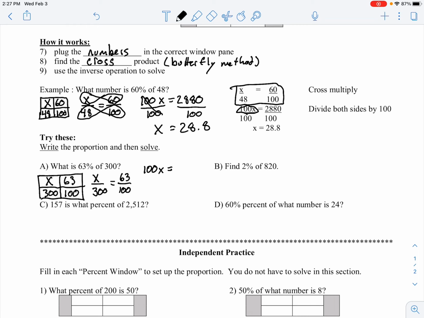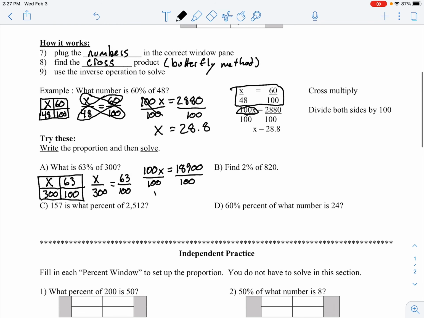So we will get 100x equals 300 times 63, which I don't know off the top of my head. Let me use my calculator here. 300 times 63 is going to give us 18,900. Divide by 100, divide by 100, and x will equal 189.